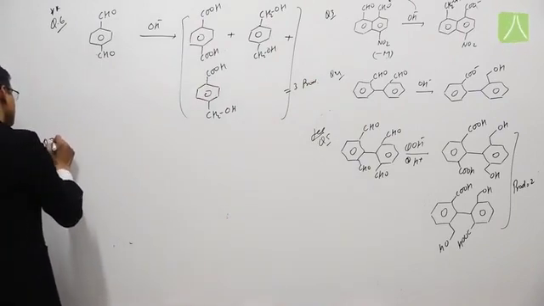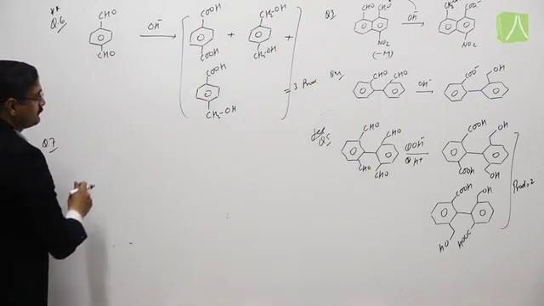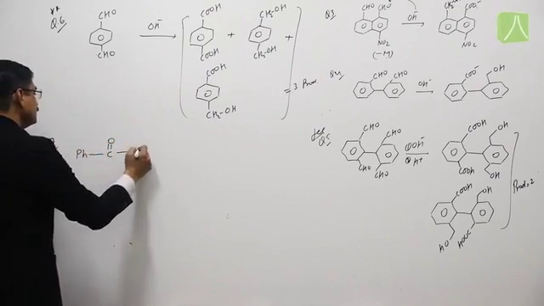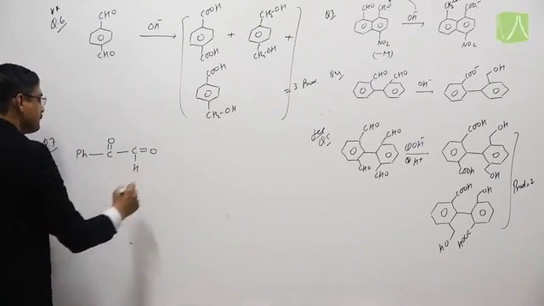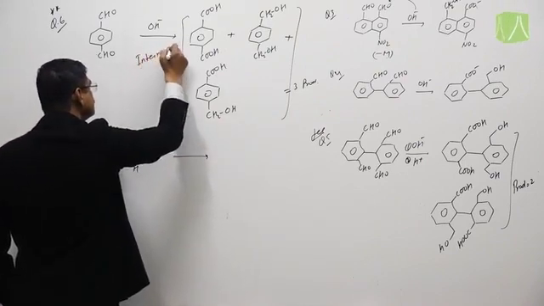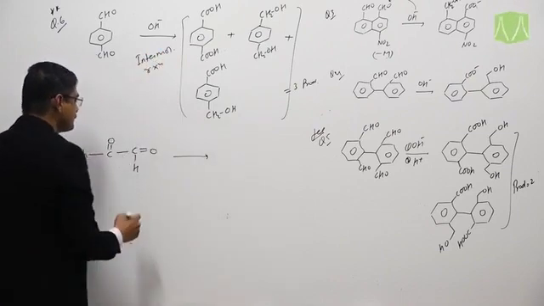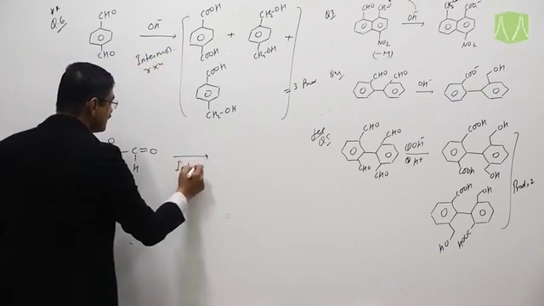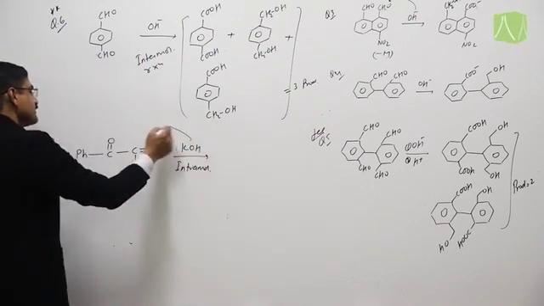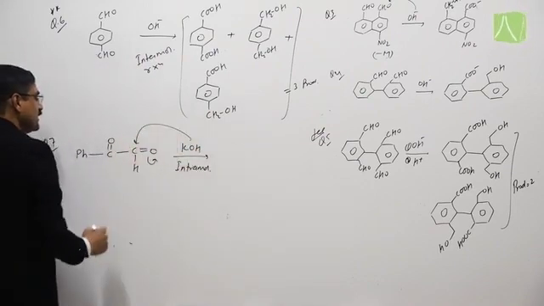The next example, suppose PhCOCHO. This is an intramolecular reaction. So first, OH attacks the aldehyde.